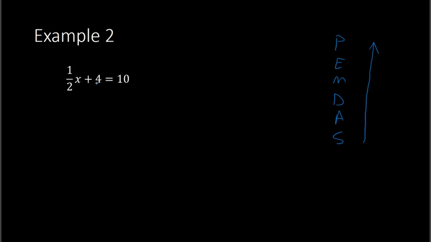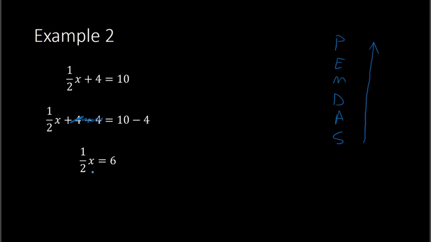To get rid of the plus 4, I do the inverse operation, which would be subtract 4. So I subtract 4 from both sides. On the left side, the plus 4 and minus 4 would cancel, giving me plus 0, which is nothing, so we just have 1/2 x on the left, and then 10 minus 4 is 6 on the right.